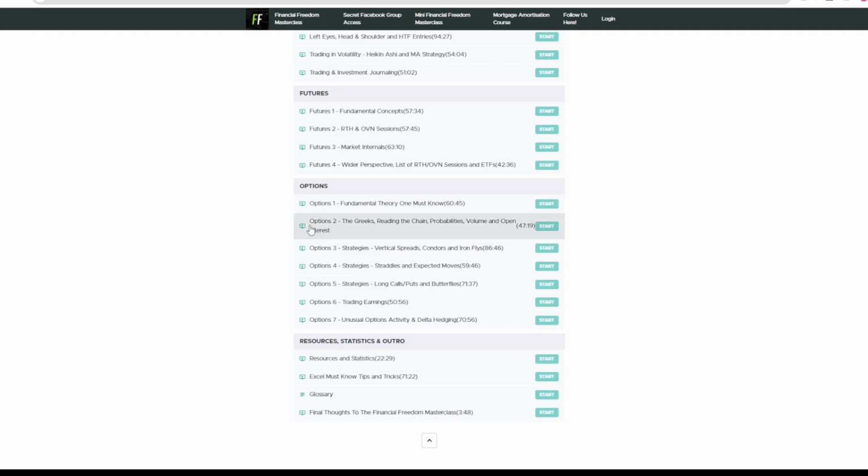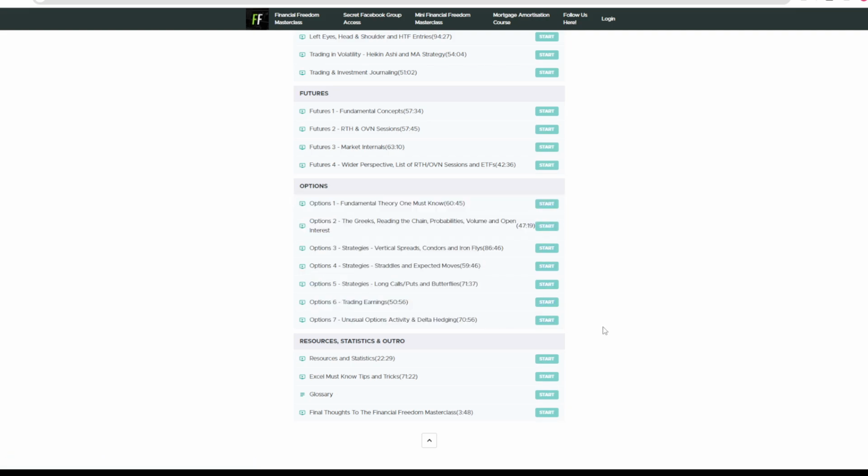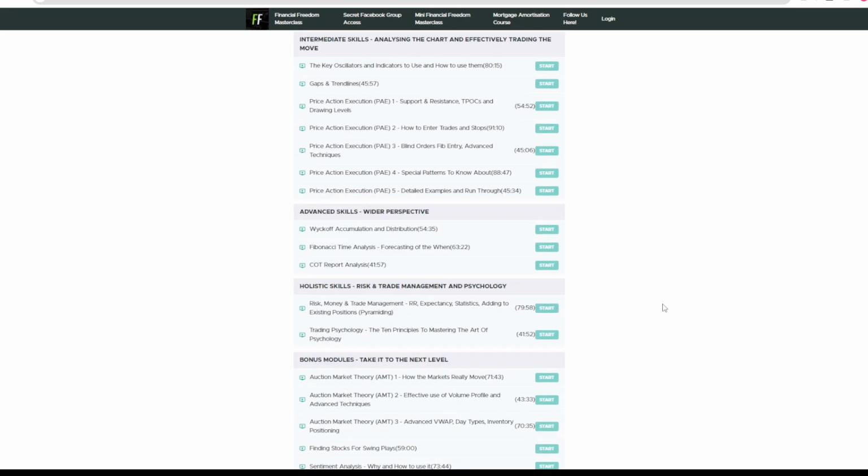I think if you can master these 7 modules in options, and once again, there's no need to figure out how to do a 2-3 ratio spread. Who the hell cares? Just keep it simple, right? Vertical spreads, long calls, straddles, expected moves, and earnings. There are various strategies around earnings, and then towards the end there are Excel sheets, resources, statistics, and everything else. Okay, so I think everything's there.